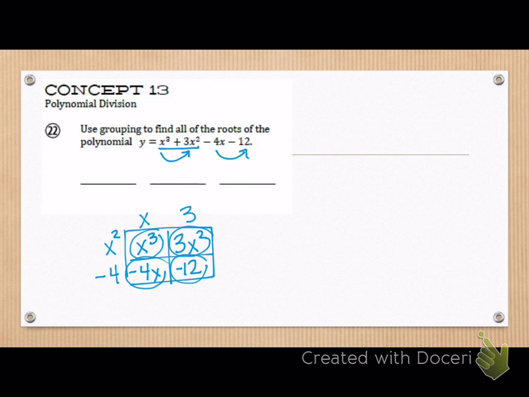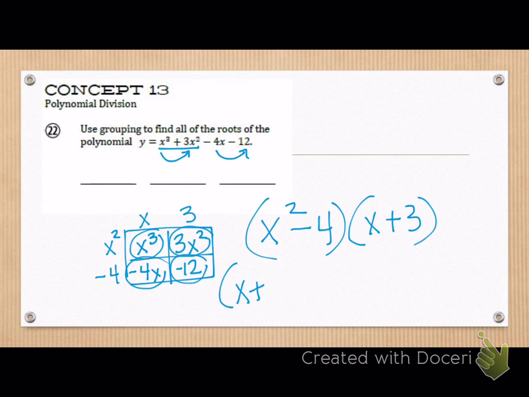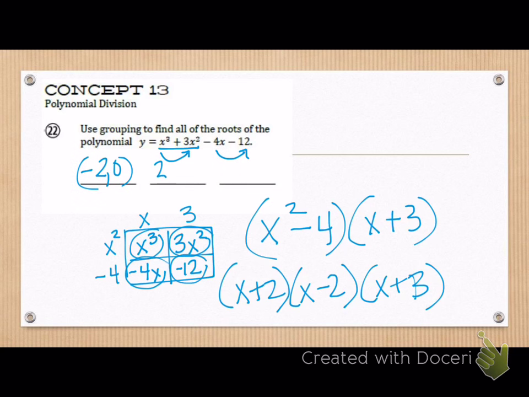So that would be x squared minus 4 times x plus 3, which then can be factored as x plus 2 and x minus 2 and x plus 3. So pretty powerful there, which would give me my roots of -2 and +2 and a -3.